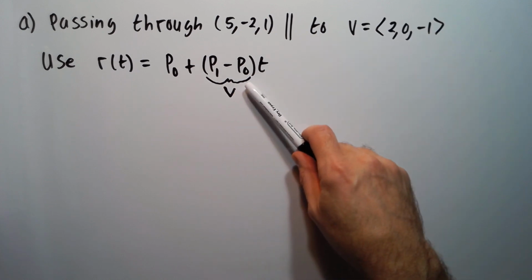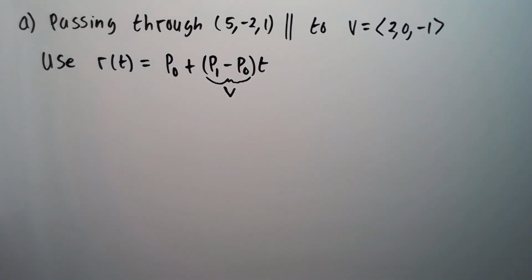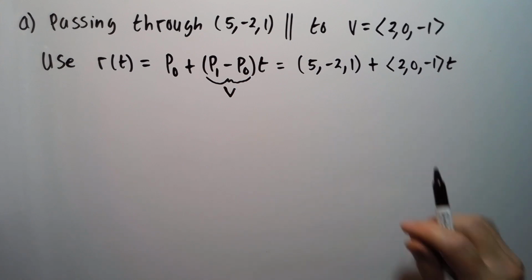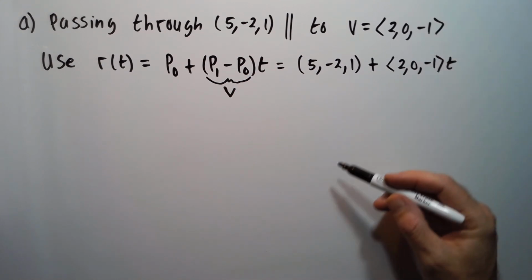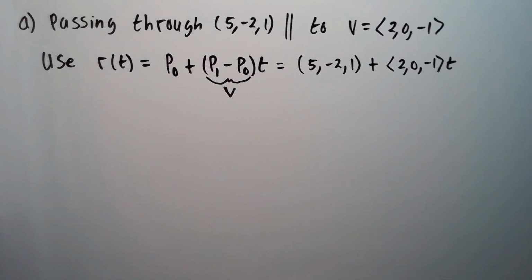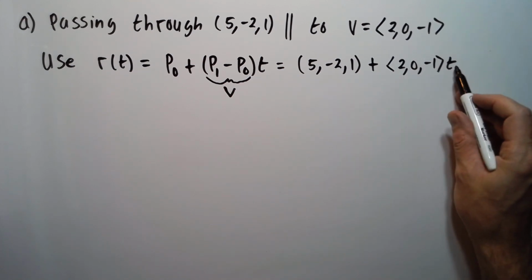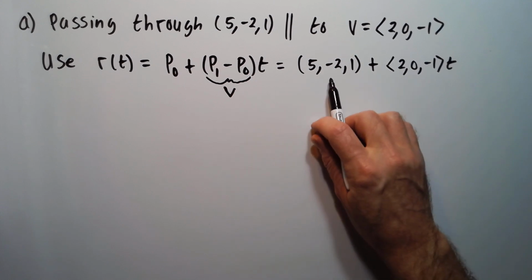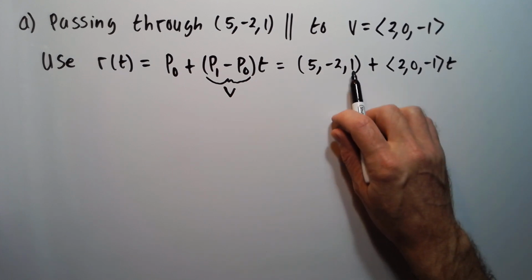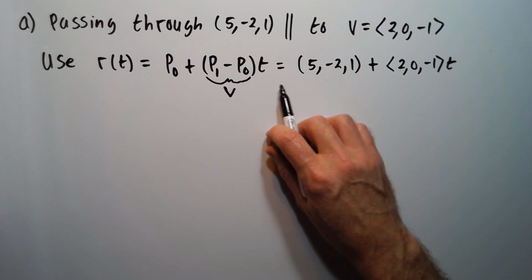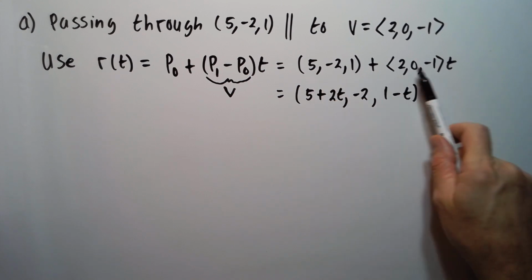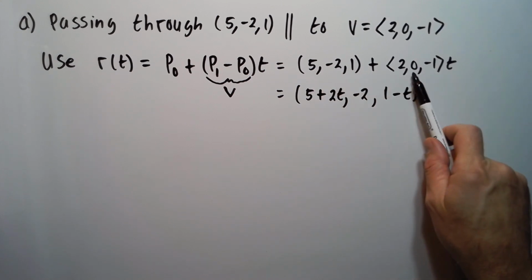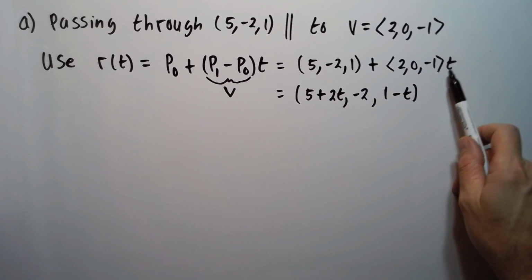Okay, so let's replace our things here. So we get this then. This t can multiply into each of those. So writing it out, there's going to be 5 plus 2t in the x component, minus 2 plus 0t, and 1 minus t. So again, it's 5 plus 2t, then minus 2, 0t here, 1 minus t here.